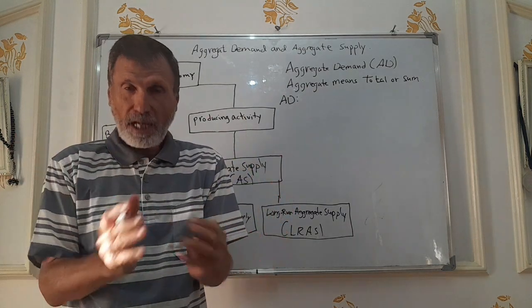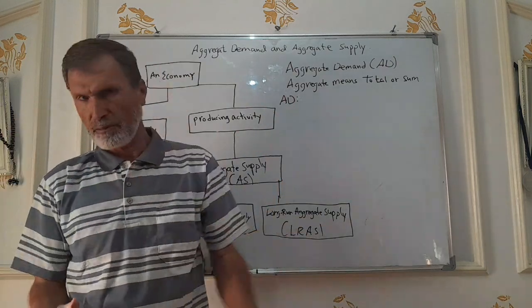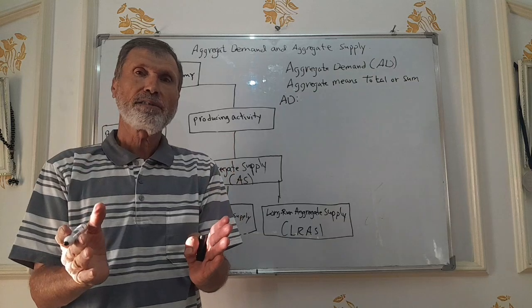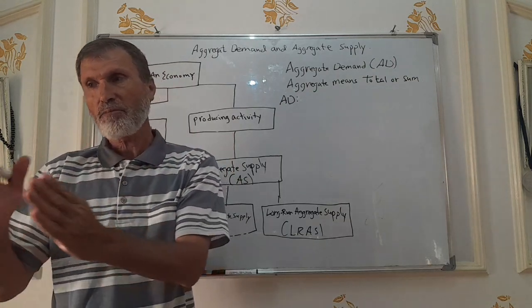Of domestic goods and services, of course, both by the consumers, the producers, and the government. Or the quantity demanded of domestic real GDP at different price levels.